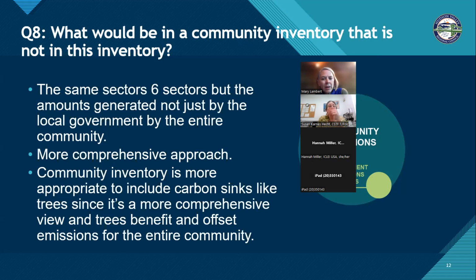Government operations is a very small subset of what you would cover in terms of the quantity of emissions in your community greenhouse gas inventory. So you're looking at a more comprehensive approach, and that's why things like carbon sinks make more sense to include in the community inventory. You're also looking at what benefits the entire community, and trees, obviously the oxygen they're producing is a community-wide benefit.